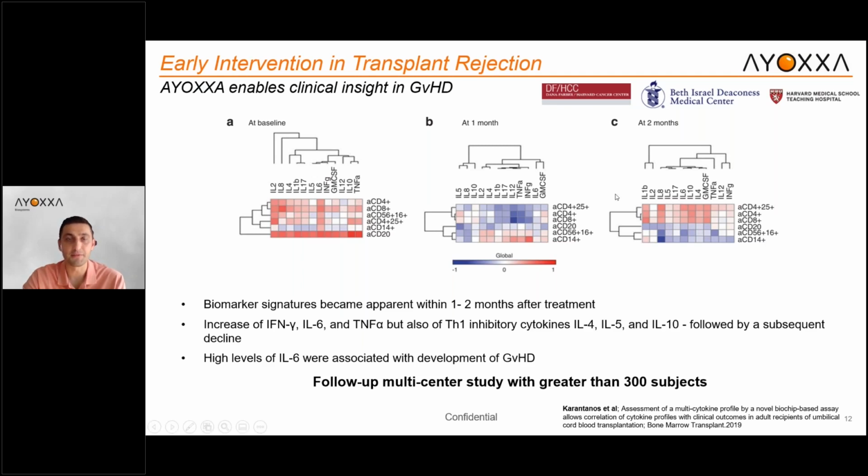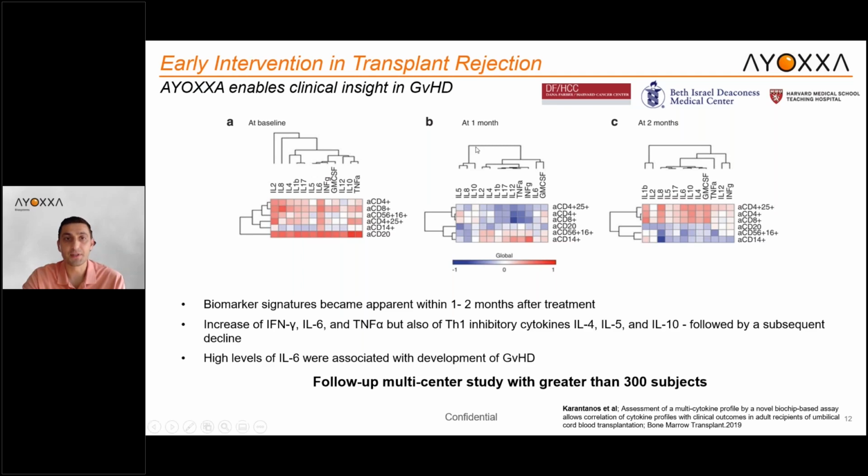They found that inflammatory cytokines interferon gamma, IL-6, and TNF-alpha were increased 1 to 2 months after transplant, followed by a subsequent decline, with the exception of interferon gamma, which remained relatively stable throughout the whole study.